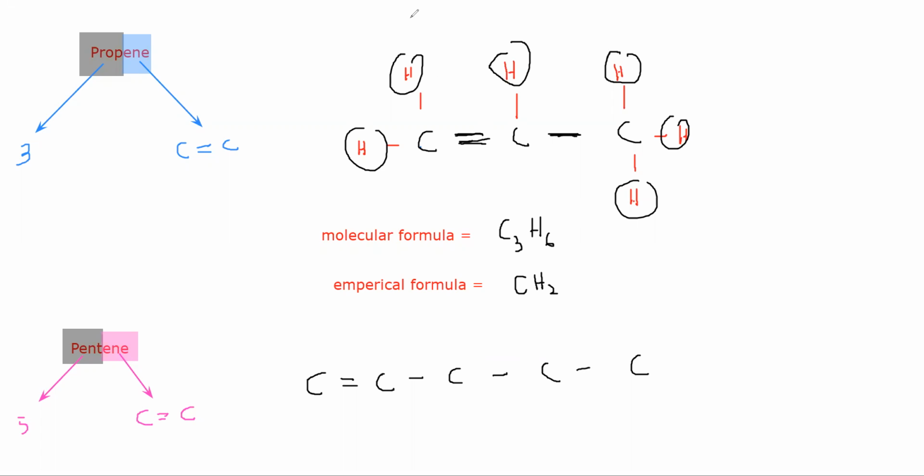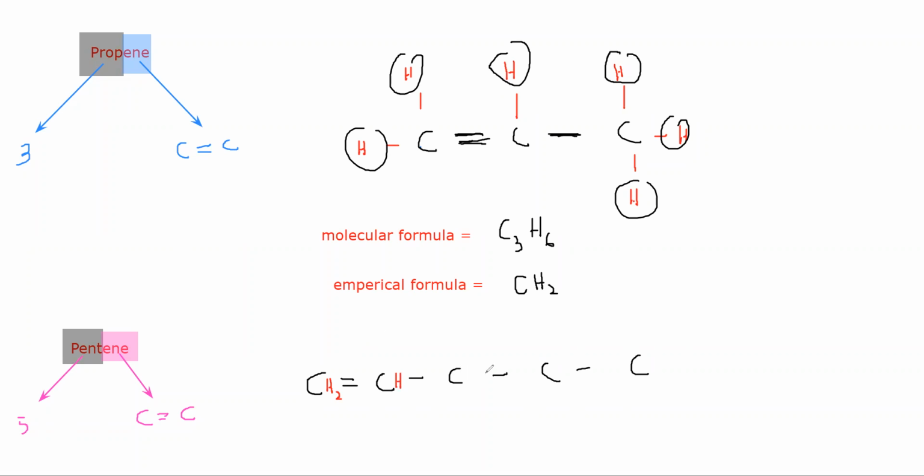Now I will draw a short formula because of space. Instead of drawing all the hydrogens, I will just write the numbers. The first carbon, how many hydrogens should it have? It should have 2 hydrogens. So I will write CH2. H2 refers to 2 hydrogens attached. What about the number of hydrogens with the second one? 1 hydrogen.